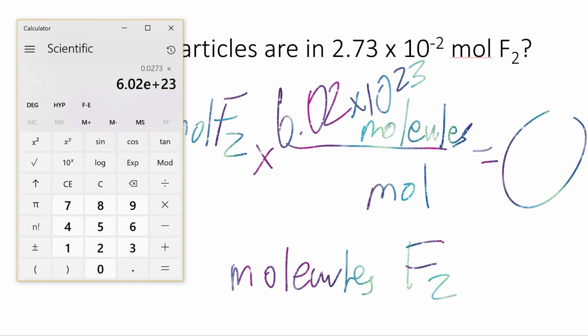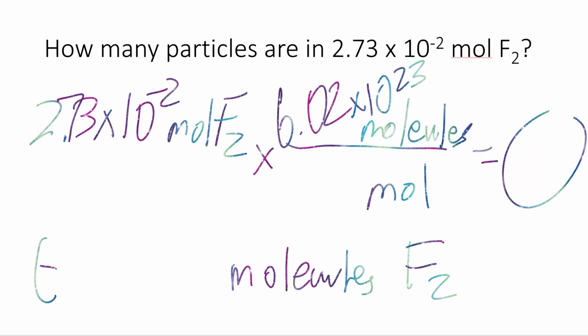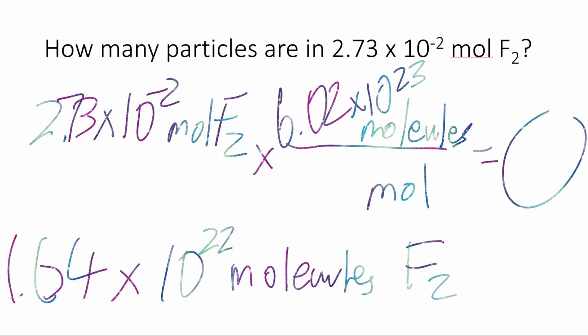Right? It's multiplied because Avogadro's number is on top of the fraction. And there you get your answer. You also want to be able to change it into scientific notation. So there's my answer, which is 1.64 times 10 to the 22 molecules of F2.